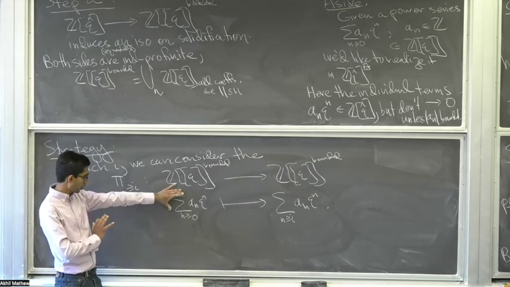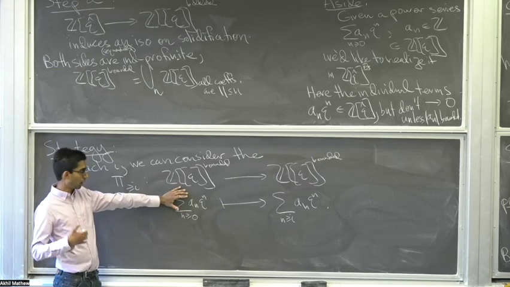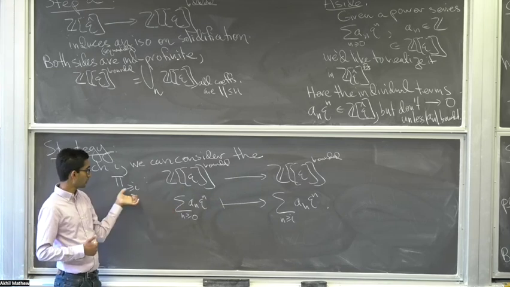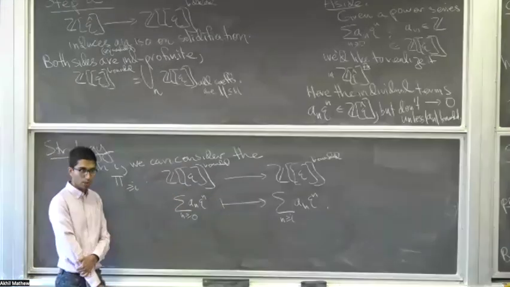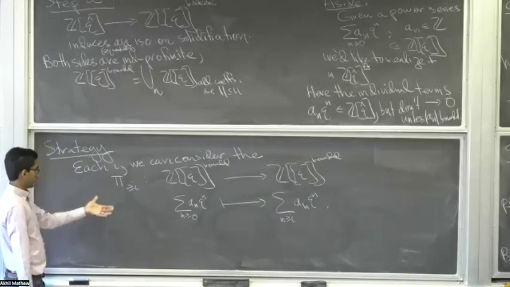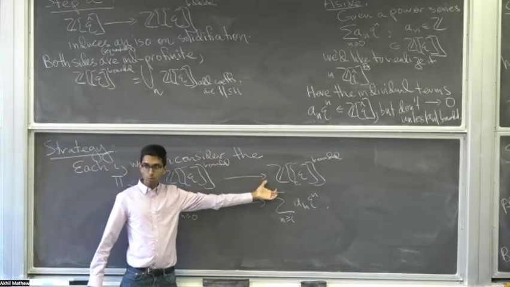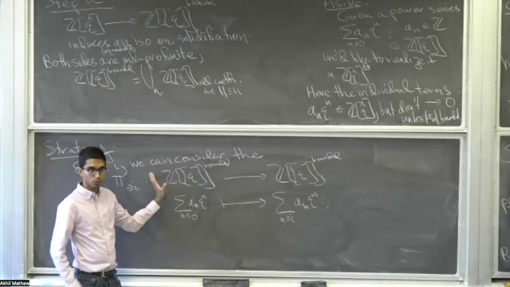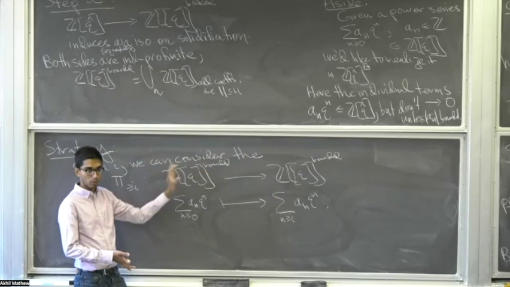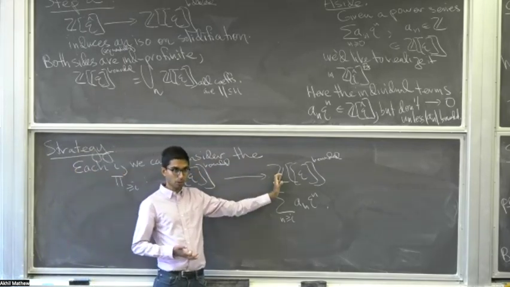We're just going to ignore all the coefficients of q^n for n less than i. So this is an endomorphism. Now we're ignoring the ring structure and just considering the condensed abelian structure.